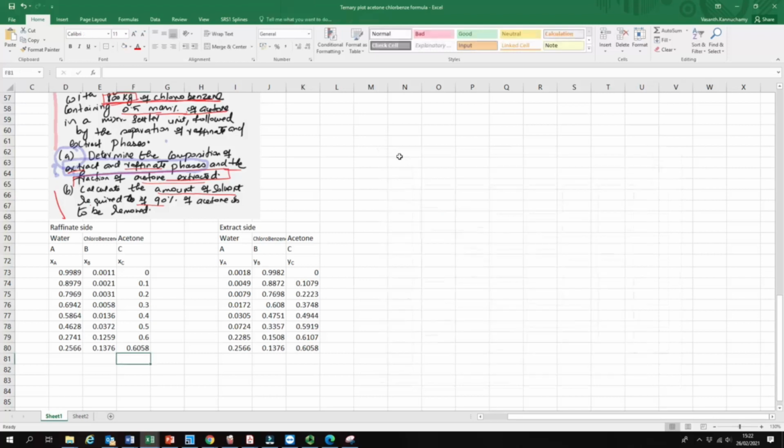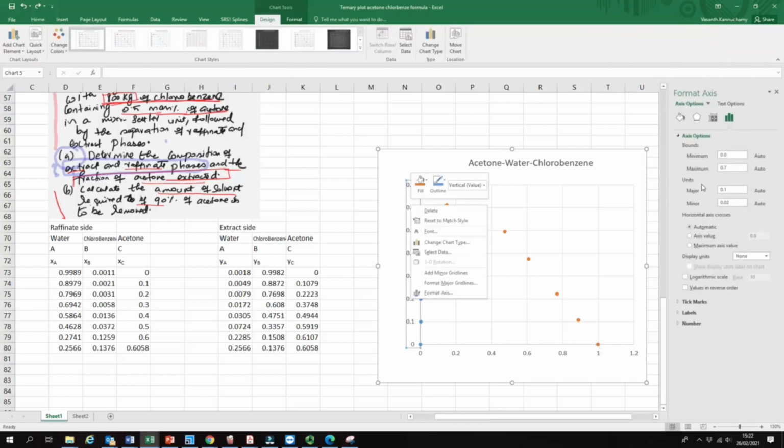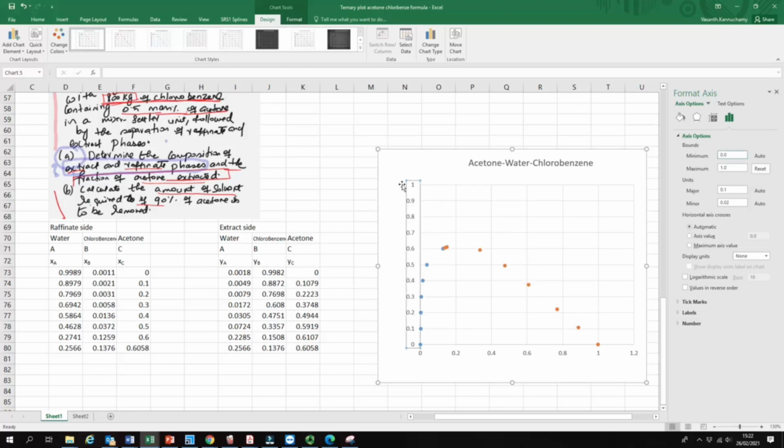I can create a new one. As I said to you, the first thing that we need to plot: let me go back here. On your x-axis it should be your solvent. So at the end of the x-axis you will have the maximum value of your solvent, which is 1, and at the top of your y-axis you will have 1.